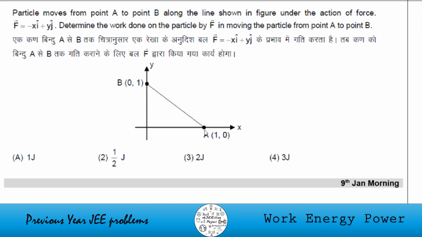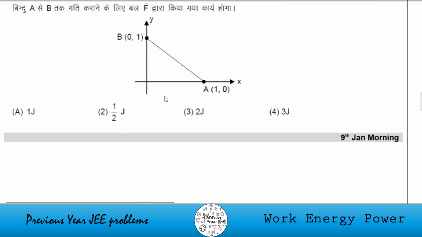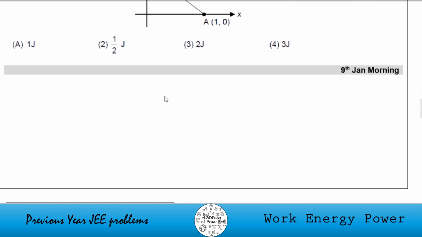So, a particle is moving from point A to point B, that is from x axis to y axis. Now we should estimate the work done in moving a particle by a force F bar from point A to point B. See the solution.